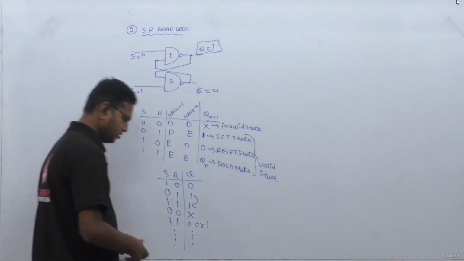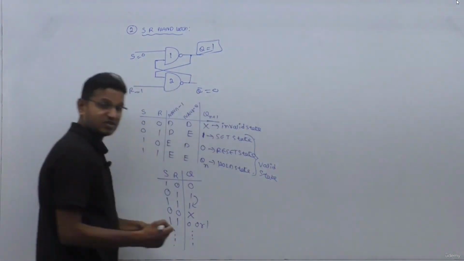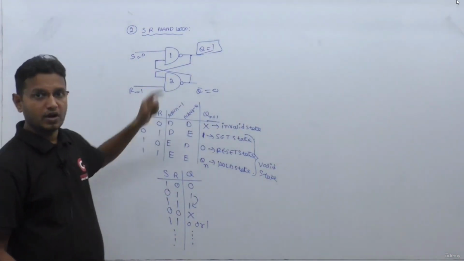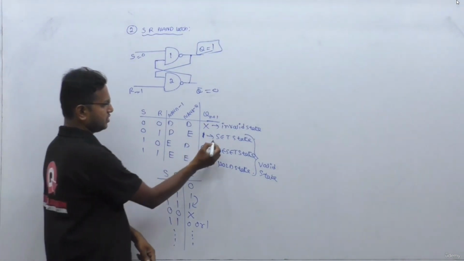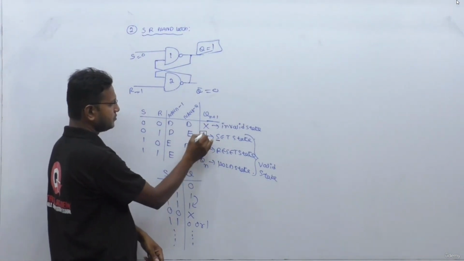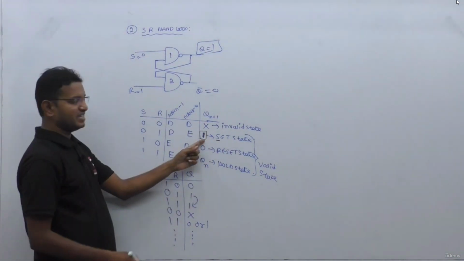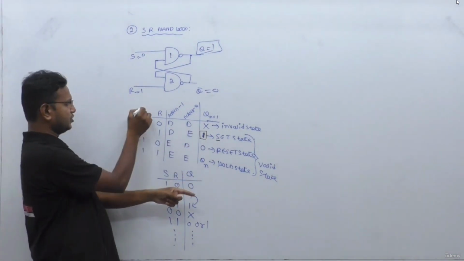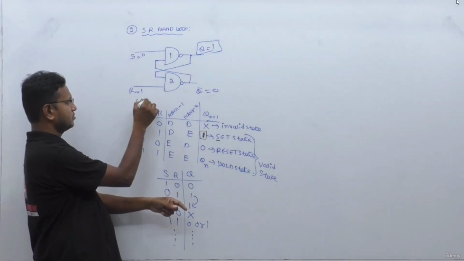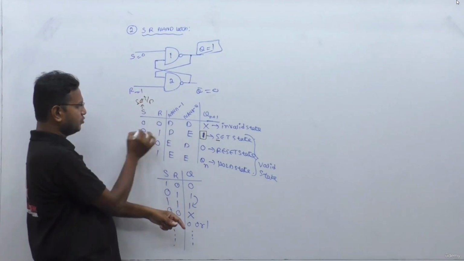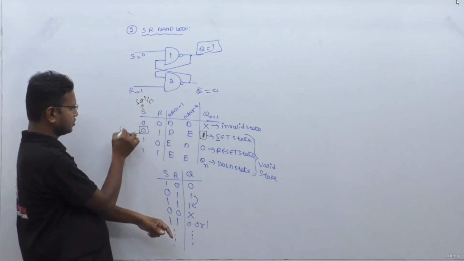And one more thing is, now let us check whether it is an active high or active low latch. For that, see here, set. When the device is set, let us check the set input. Set input is low.